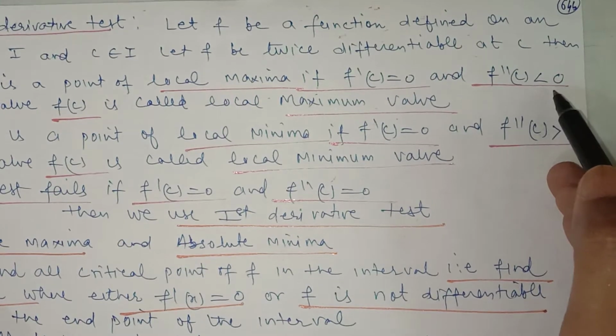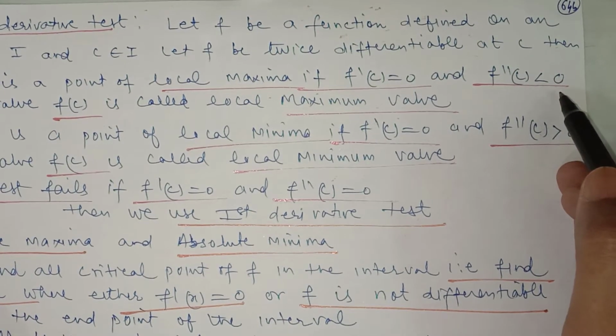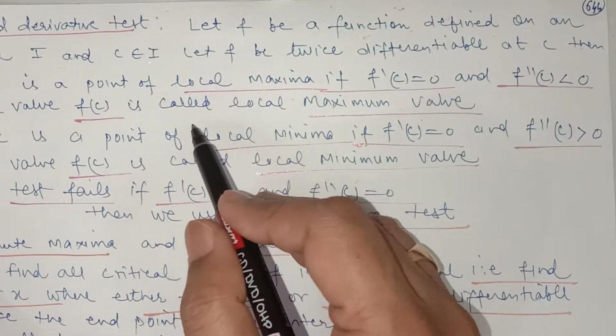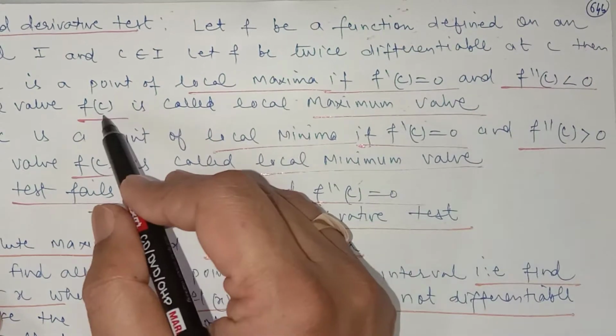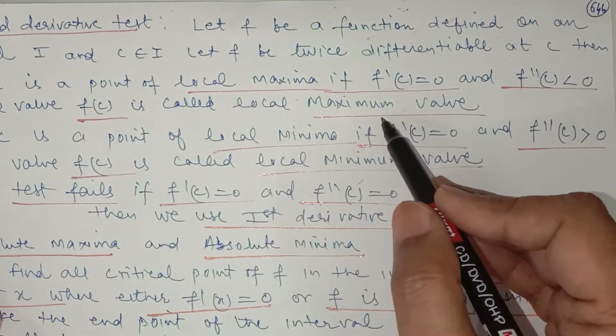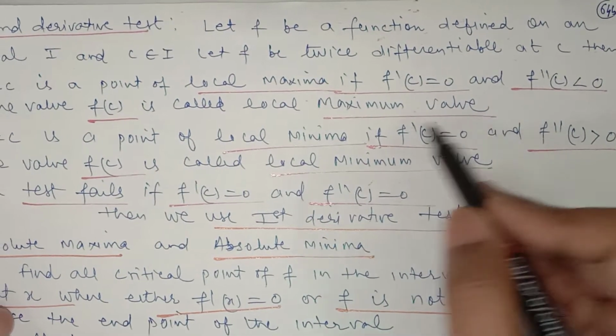That is, the second derivative should be negative. Then at C we say the function has a local maxima, and the value of the function at C is known as the local maximum value.